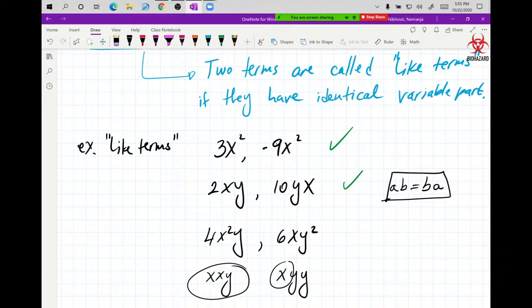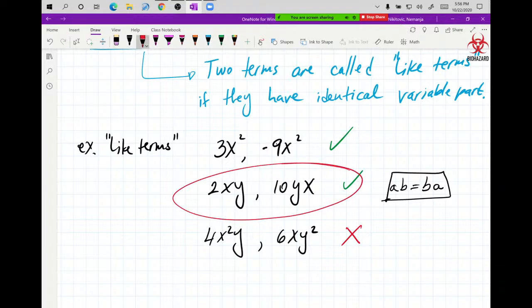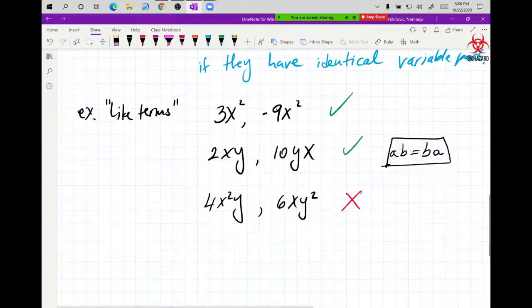And that's enough for us, not even looking at the y's, because identical variable part means they have to be absolutely the same. In our case, we don't have that, so these are not like terms. So sometimes you have to check a little bit, be careful, right, not to miss like terms, but in general, you should be able to spot the situation when they're not like terms because the variable part is not identical.